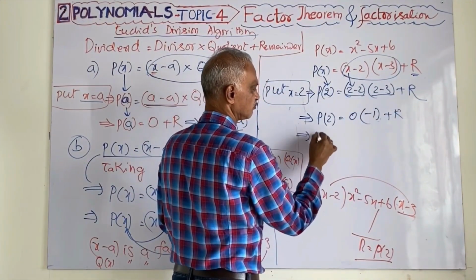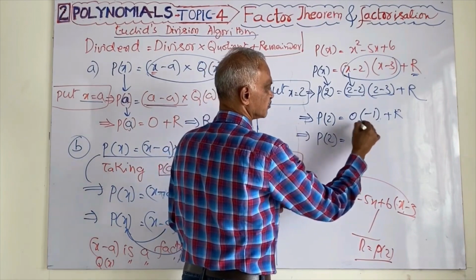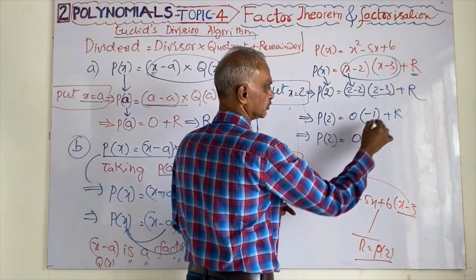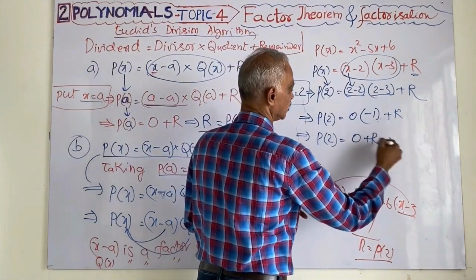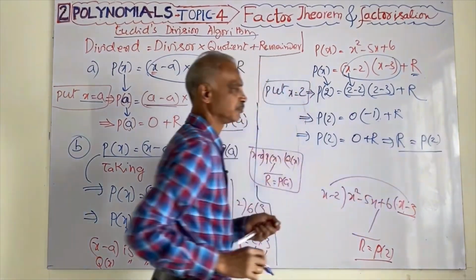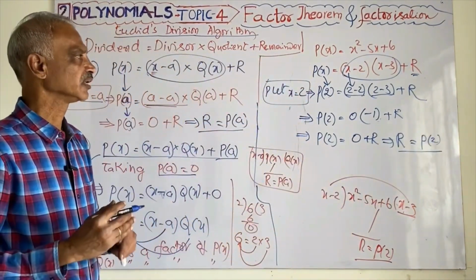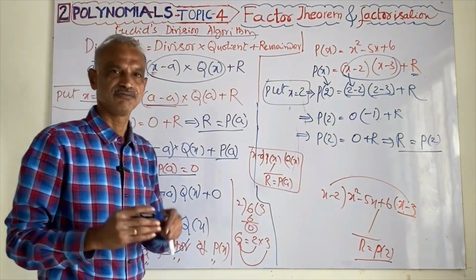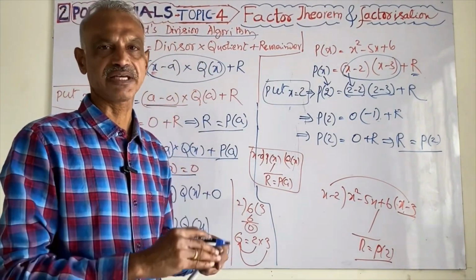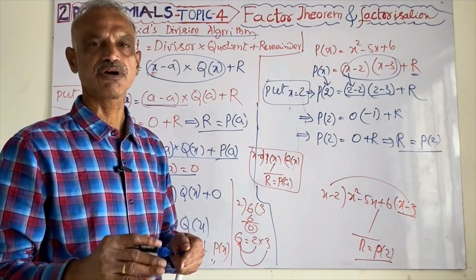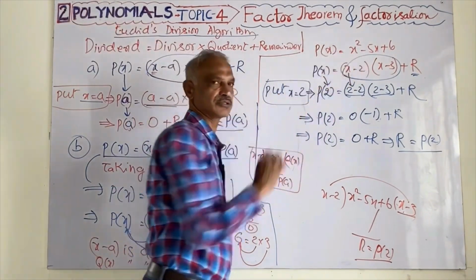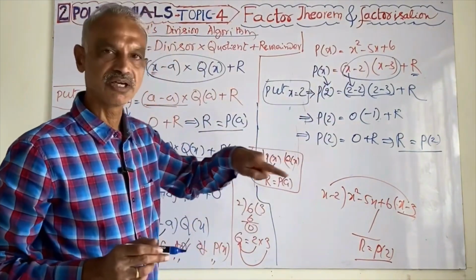You got 0 into minus 1, 0. 0 plus r. What is the remainder you got here? P of 2. You got P of 2 is the remainder. Then similarly, when any polynomial P of x is divided by x minus a, the remainder is in the form of P of a. When it is divided by x minus 2, the remainder will be in the form of P of 2.